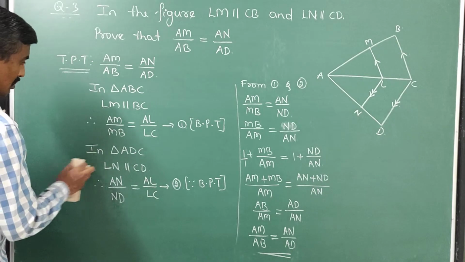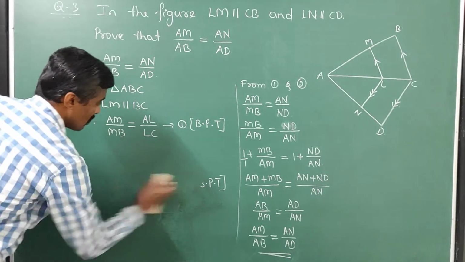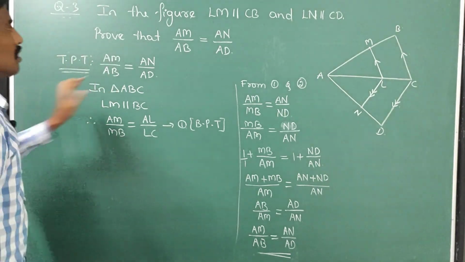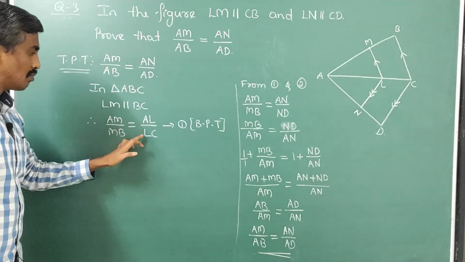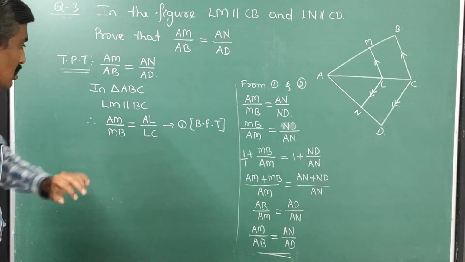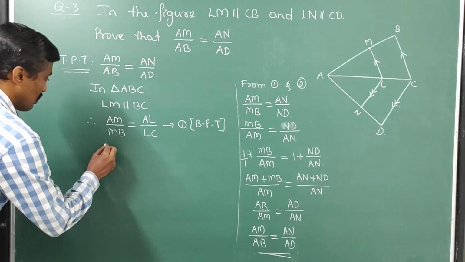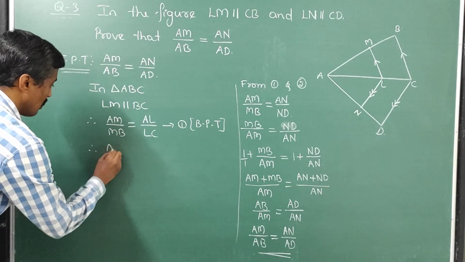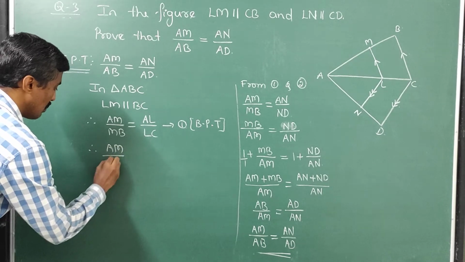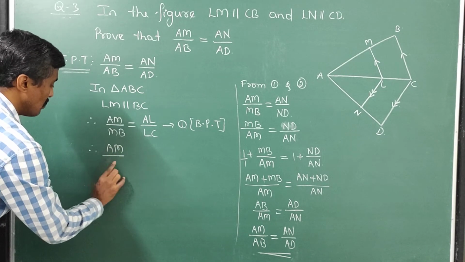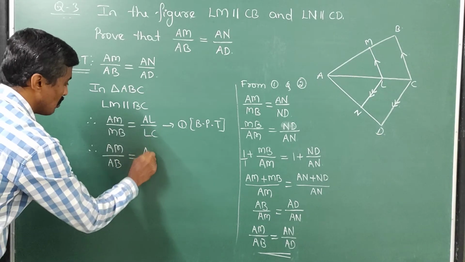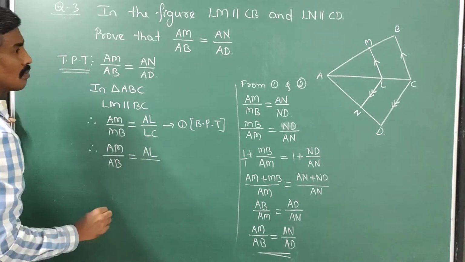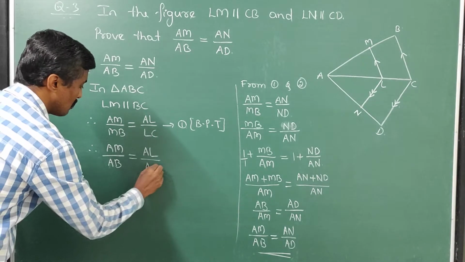So in the first part, if LM is parallel to CB, then AM divided by MB is equal to AL divided by LC according to Thales theorem or BPT theorem. So therefore, sorry, instead of MB, AM divided by AB is equal to AL divided by AC.